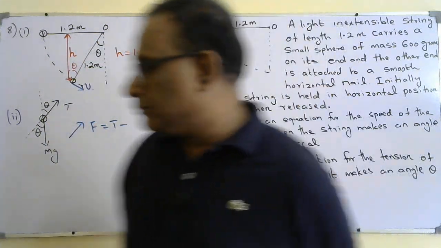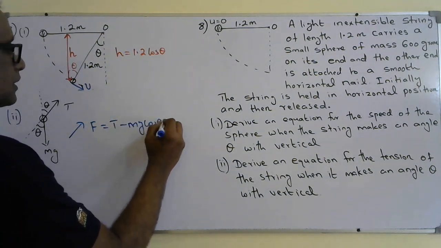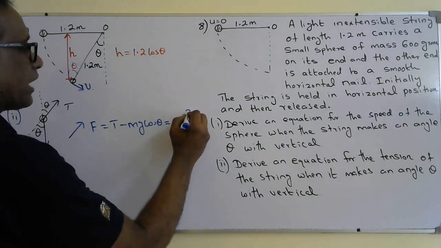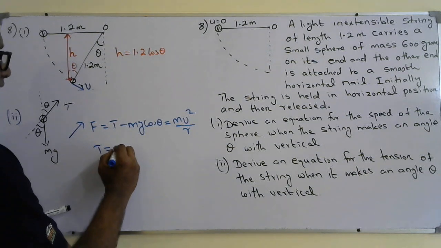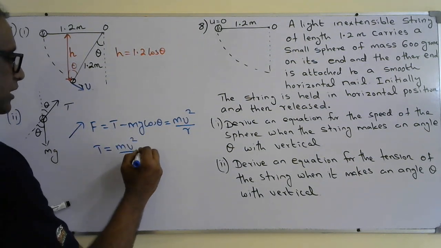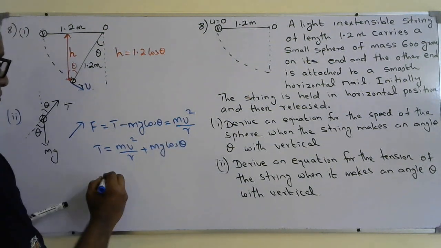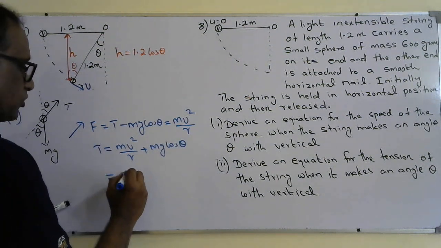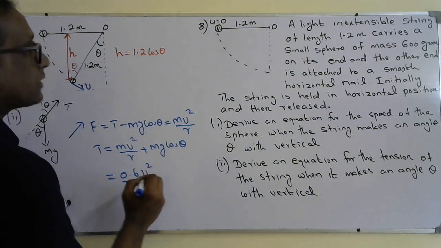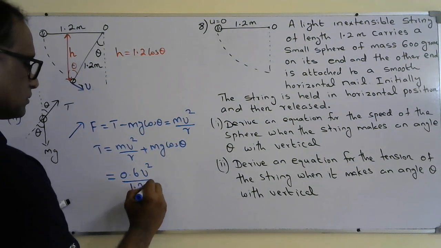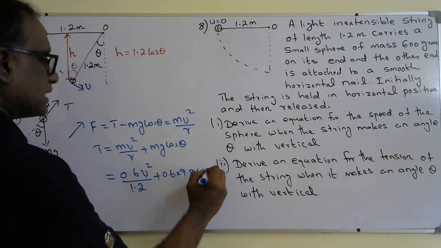So T minus mg cos theta equals mv squared over r. So T is equal to mv squared over r plus mg cos theta. We know m is 0.6, r is 1.2, so T equals 0.6 v squared over 1.2 plus 0.6 into 9.81 cos theta.